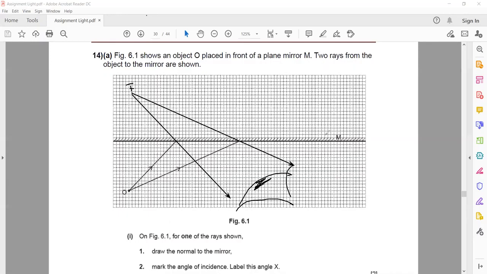This is how light rays reflected from the mirror enter our eye, and our brain recreates the position, so it makes a virtual image.